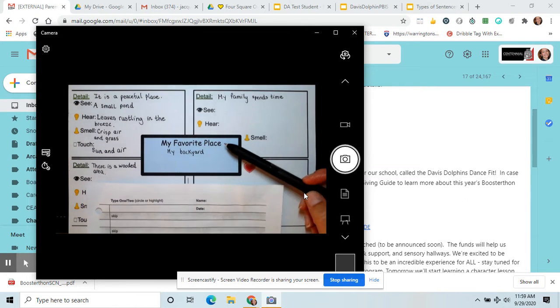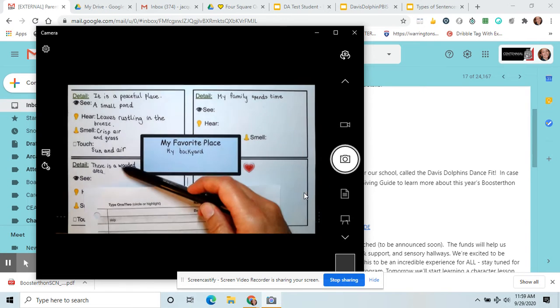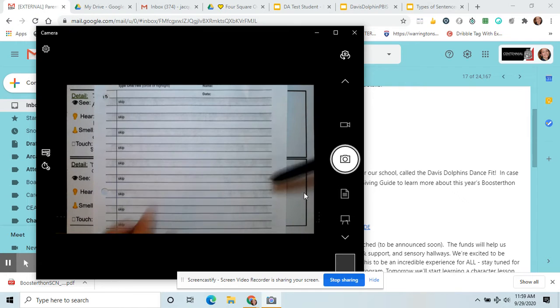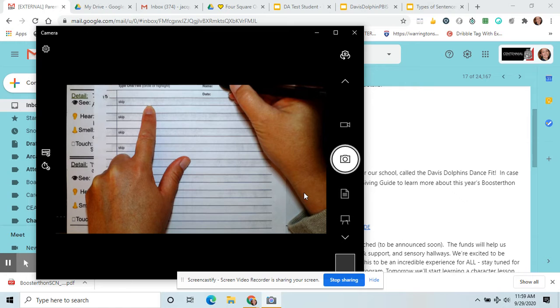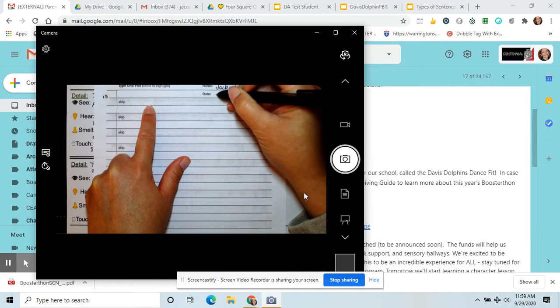Now, I had 1, 2, 3 details. So you use your 3 details to help you with your beginning sentence. Okay, so I can begin by showing my name. Today's date.